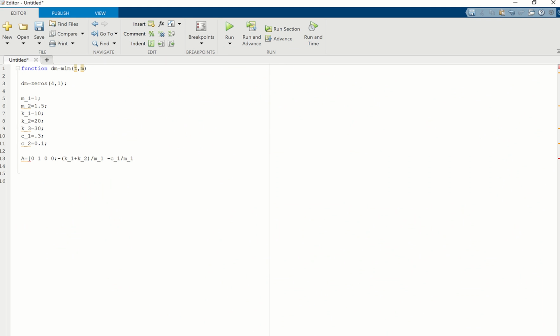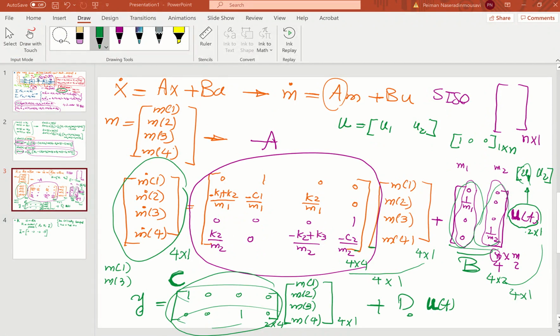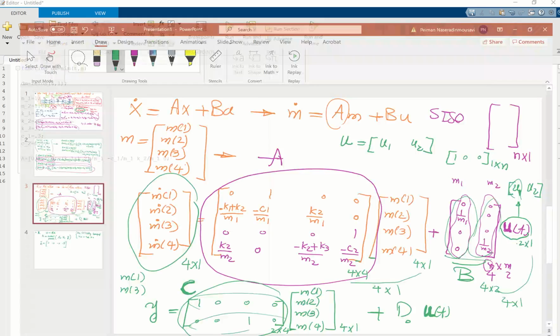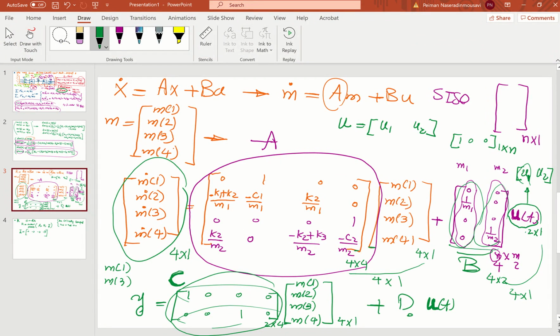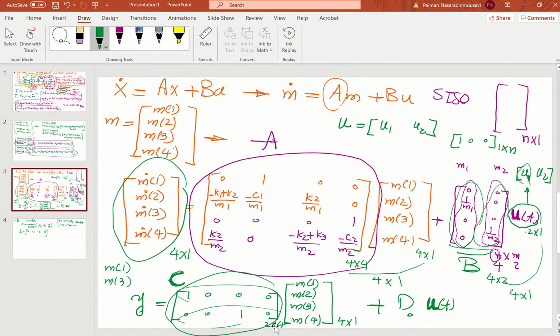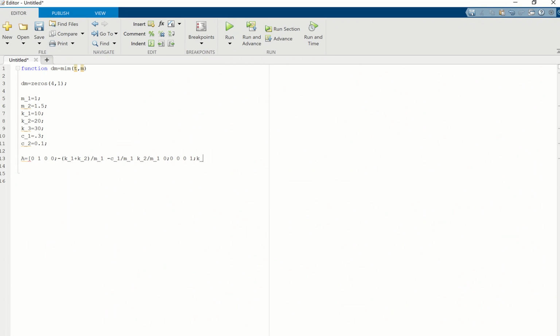Guys, these are underlined; these are the masses, not the state variables. The third line is 0, 0, 0, 1.